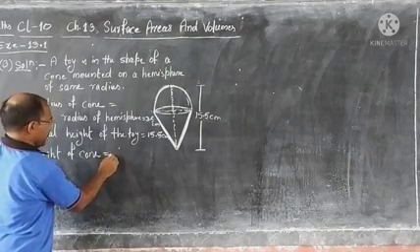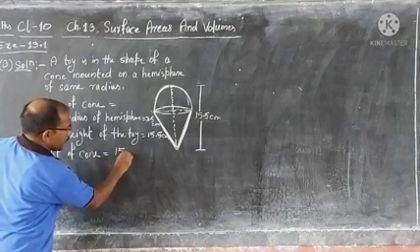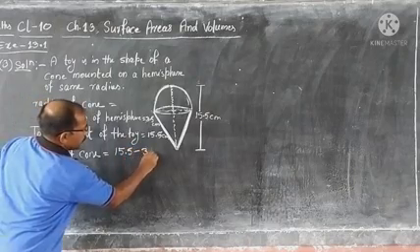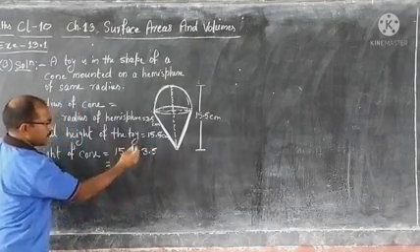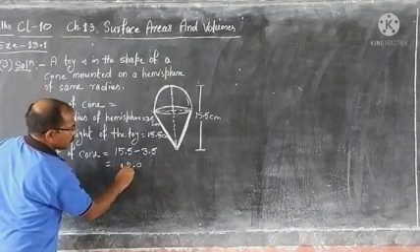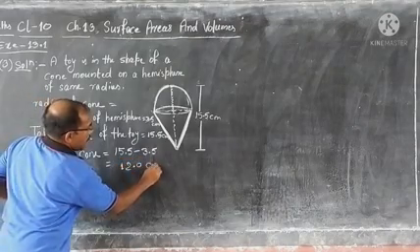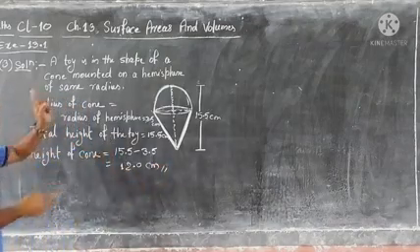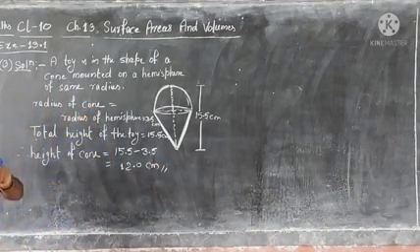That is 15.5 minus 3.5. What we get? Just subtract: 12 centimeter is the height of the conical portion, radius is 3.5, and we need the slant height.